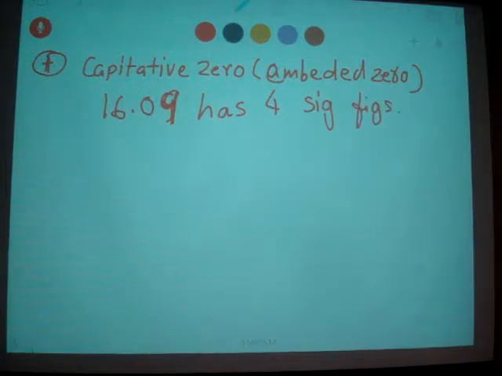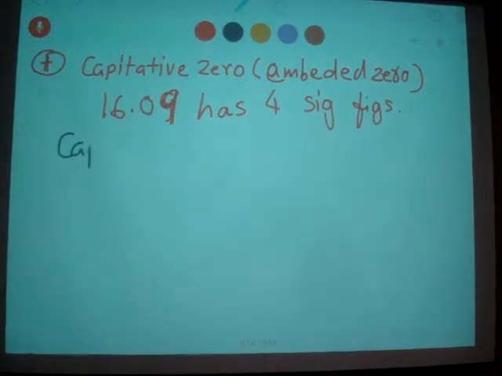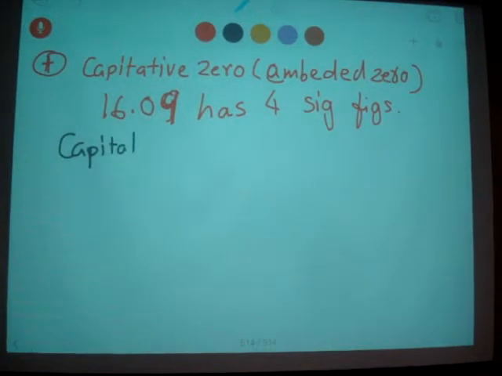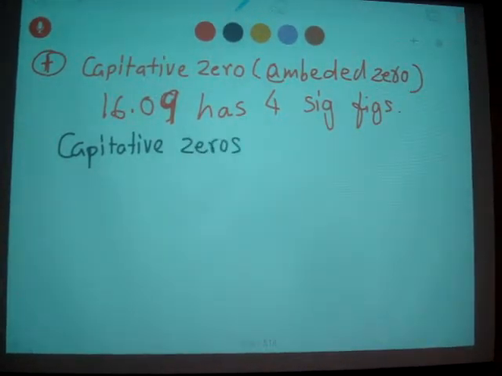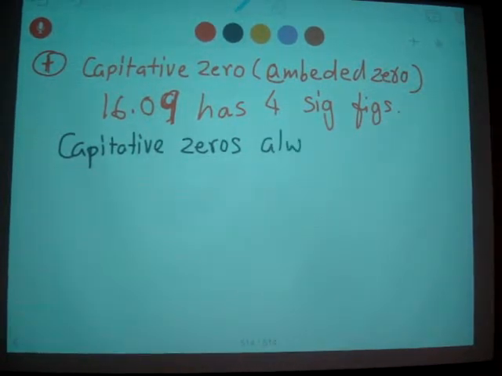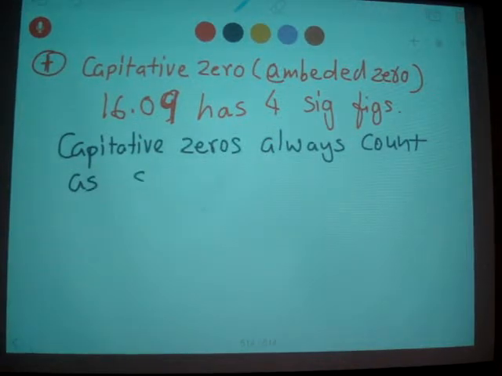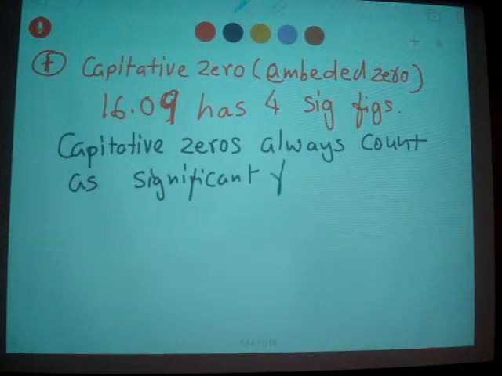What rule do we follow? So I'm going to write that rule now. Captive zeros always count as significant figures.